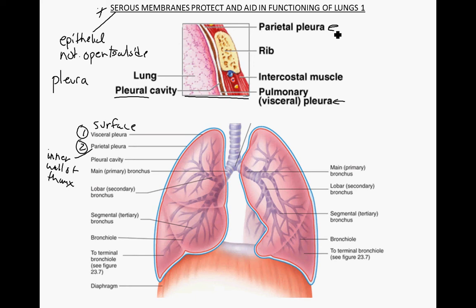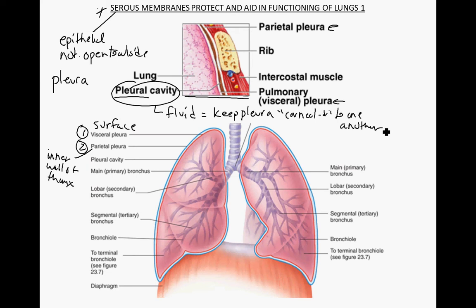Here's the parietal pleura. This is the one that is going to be in contact with the rib cage and the intercostal muscles, as you see here, but then there is a space between them, and so this pleural cavity has pleural fluid in it. That fluid helps to keep the pleura connected to one another.